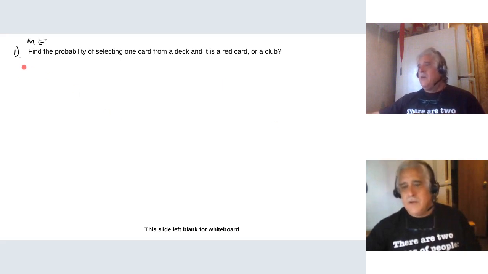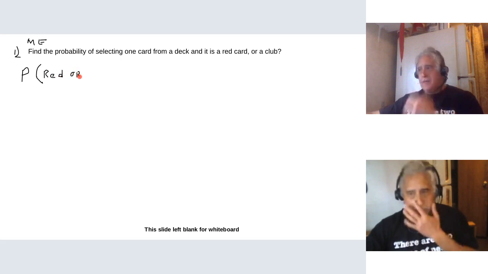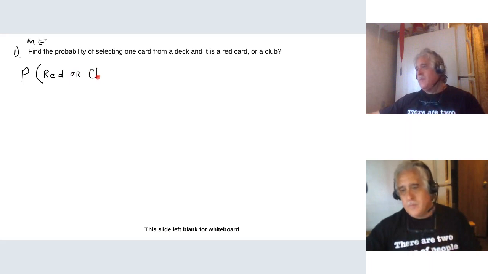So the probability of red. Now here's our key word: or. I'm just going to write out the whole thing. This is the formula.